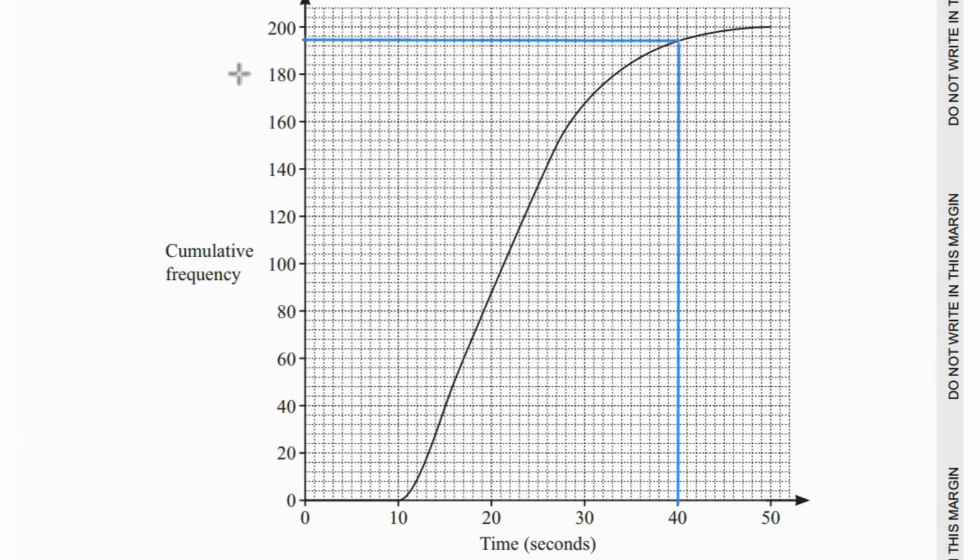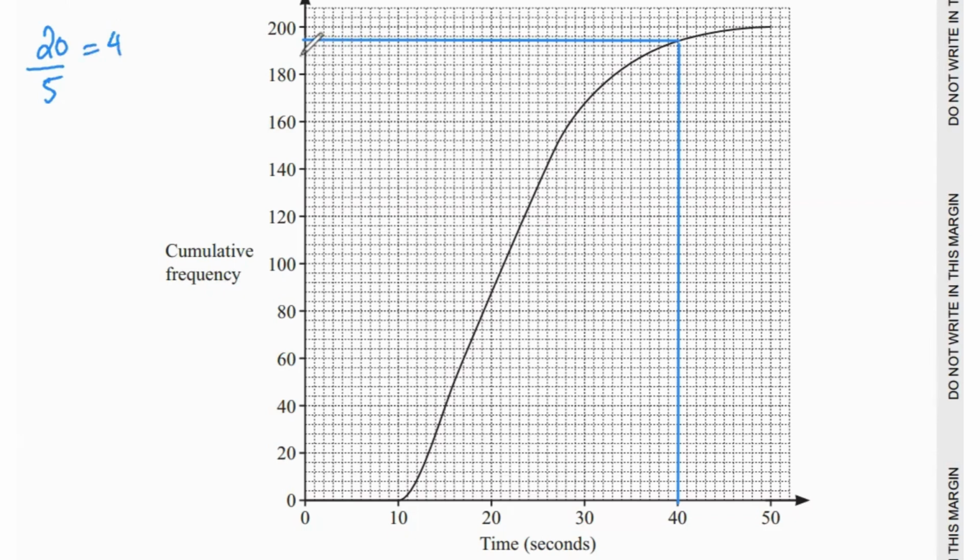Between 200 and 180, for the scale of this, it's going to be 20 divided by 5, because there are 5 squares between 0 and 20. So that's 4. So each small box equals 4.